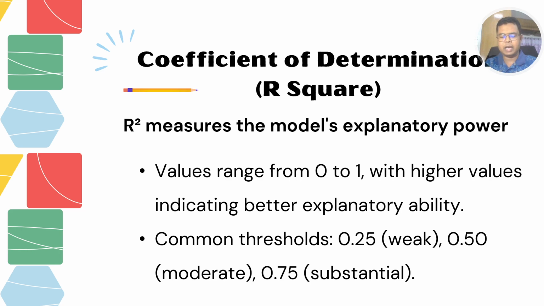Commonly, if the value is up to 0.25, it's very weak explanatory power. Up to 0.5, or 50%, it's moderate explanatory power. And when we have a value greater than 0.75, it says substantial explanatory power. But to be honest, very close to 1 indicates very good explanatory ability.